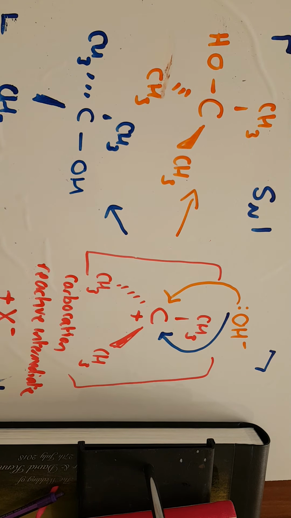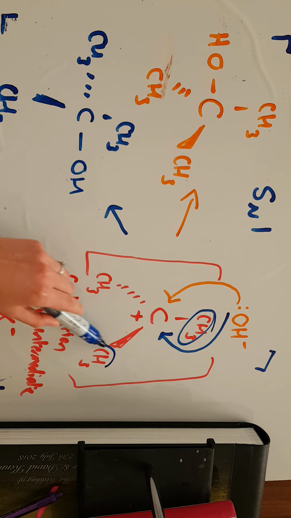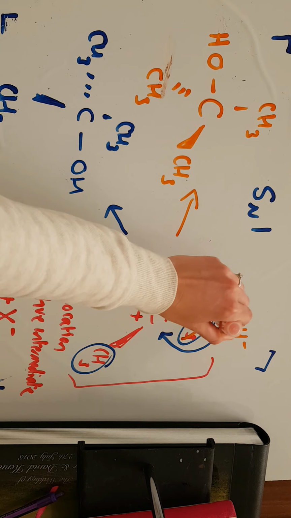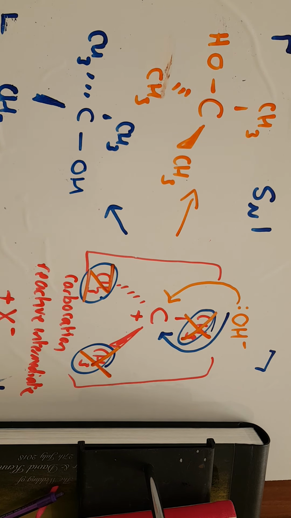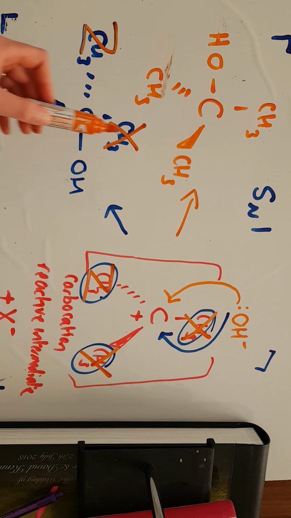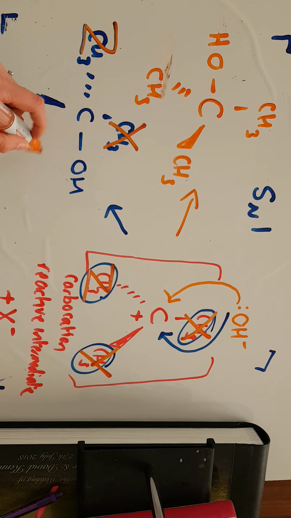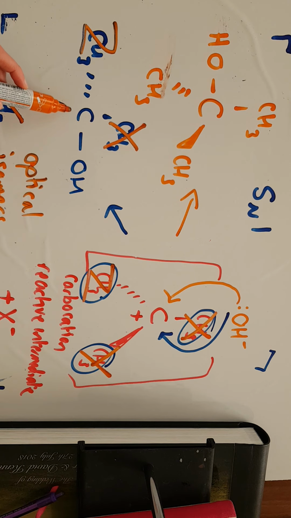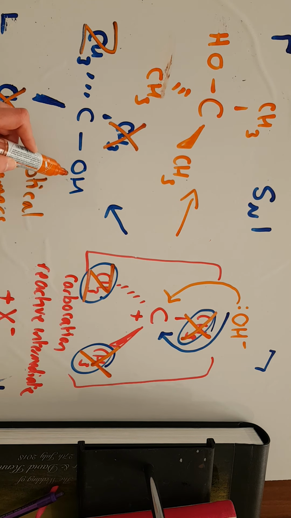When you would get a mixture is if these groups were different. So if these groups were different, let's change them into just X, Y, and Z, meaning that this one now is X, Y, and Z. You can now see that it matters if the groups are different, because what you have now formed is optical isomers, which, remember, an optical isomer is any molecule that has a carbon with 4 different groups attached.